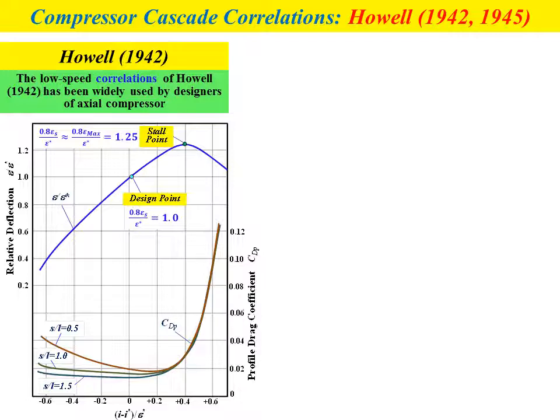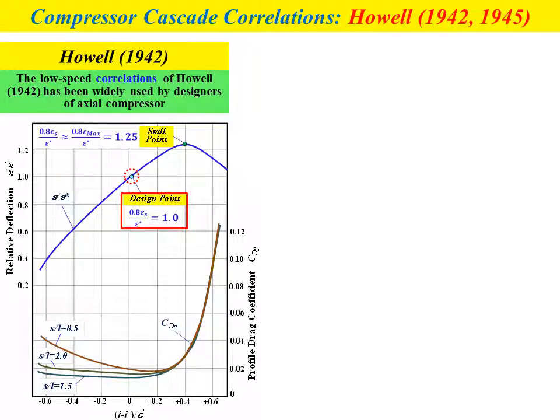So the first correlation that Howell introduced in 1942 is the correlation based on the design point, as shown in the figures. So the design point for this graph refers to the relative deflection angle value.